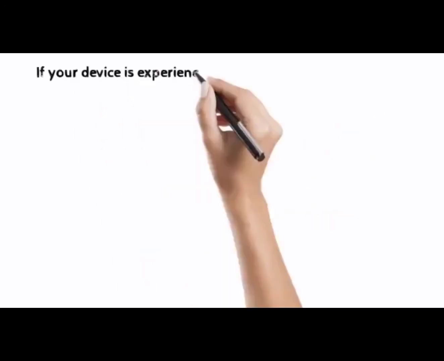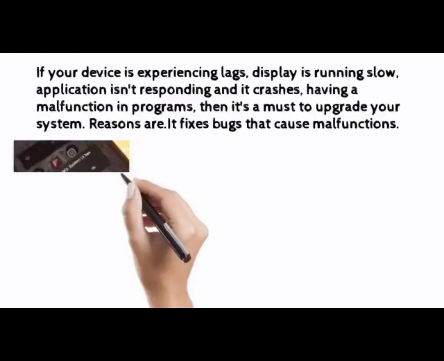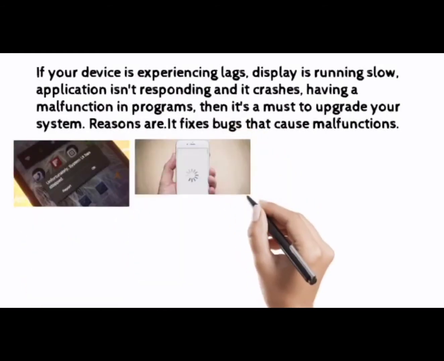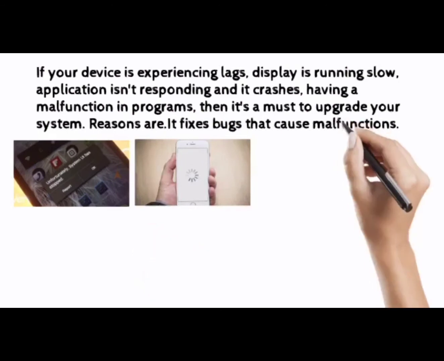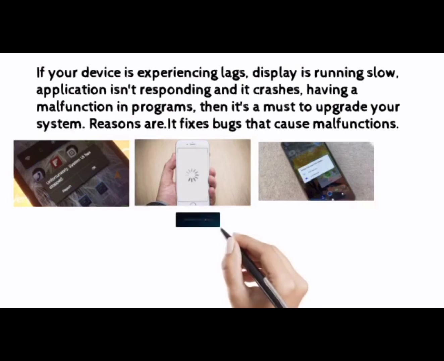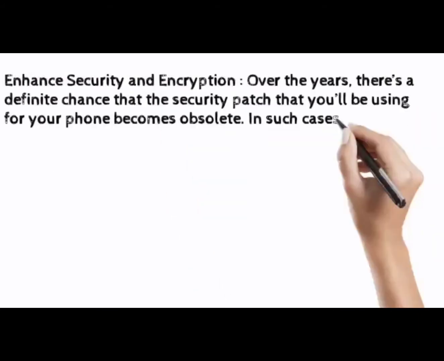If your device is experiencing lags, the display is running slow, applications aren't responding and crash, or programs are malfunctioning, then it's a must to upgrade your system. Reasons are: it fixes bugs that cause malfunctions, and enhances security and encryption.